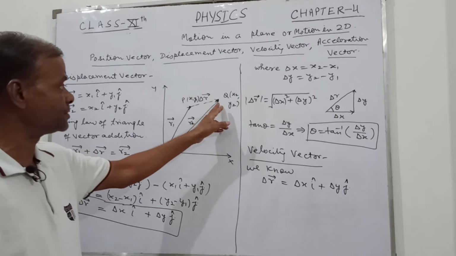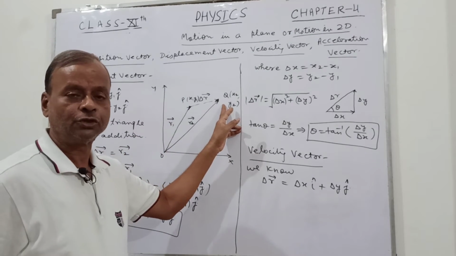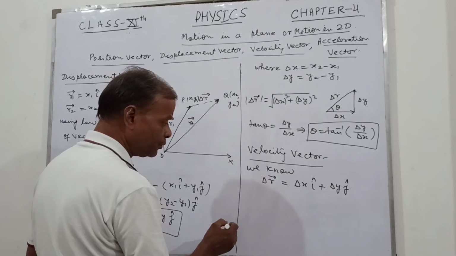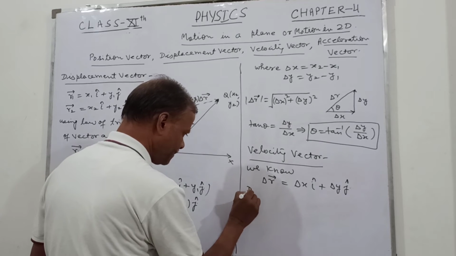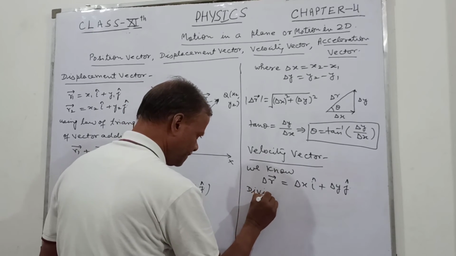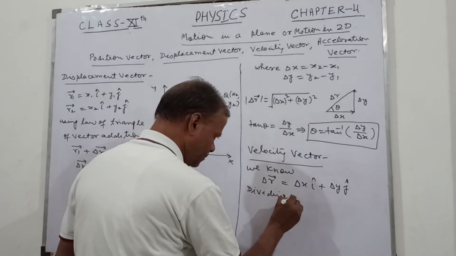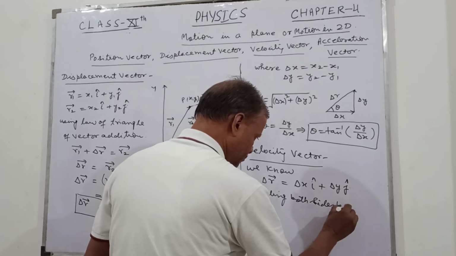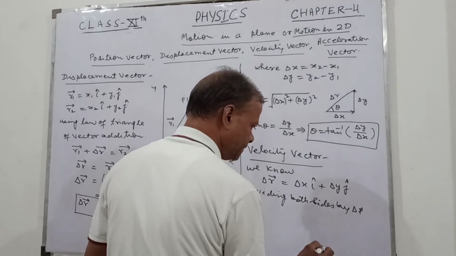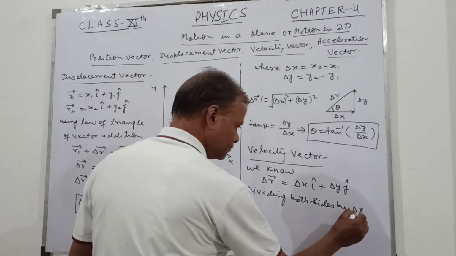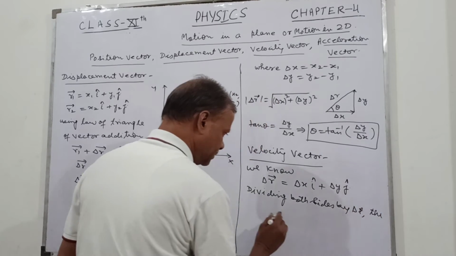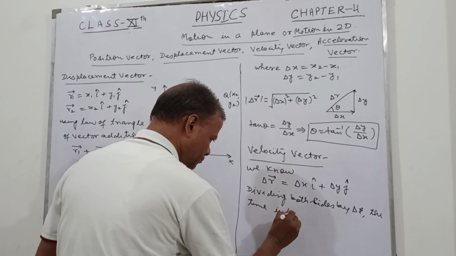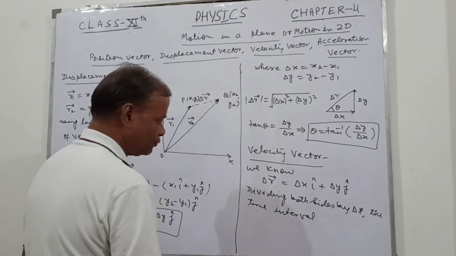Definitely this particle takes some time from P to Q. So dividing both sides by delta t, the time interval, what will we get?